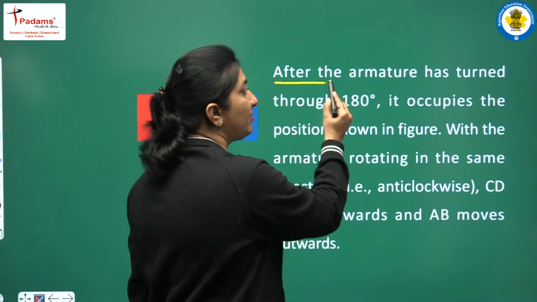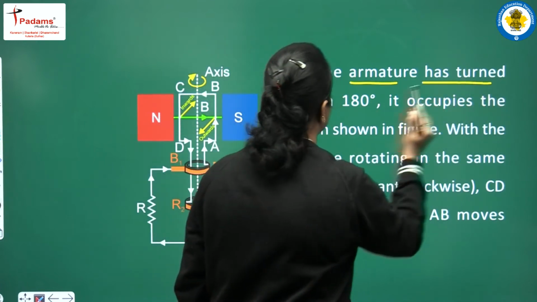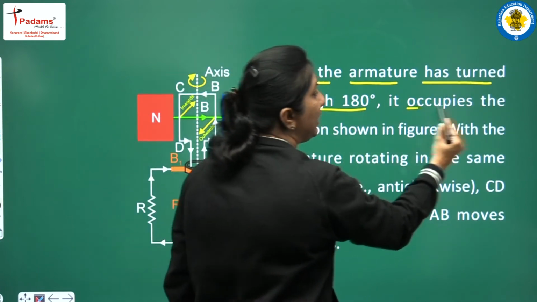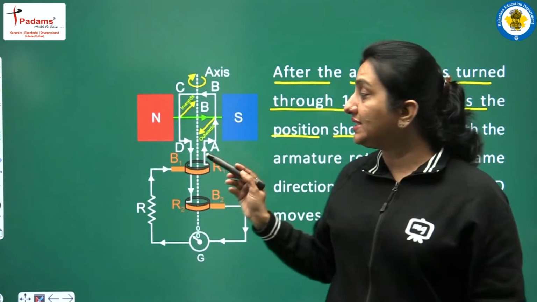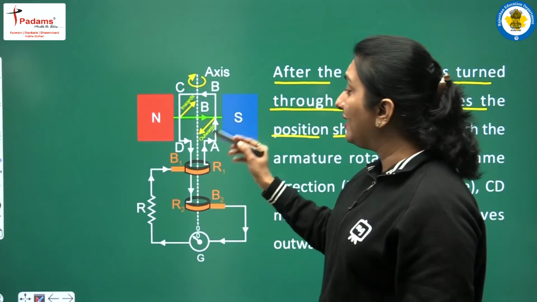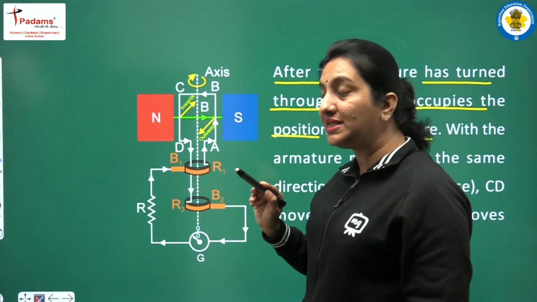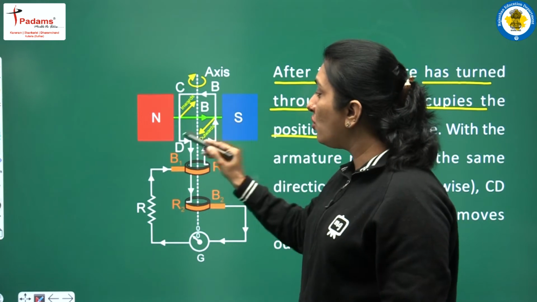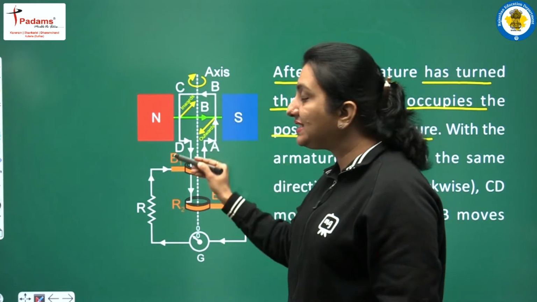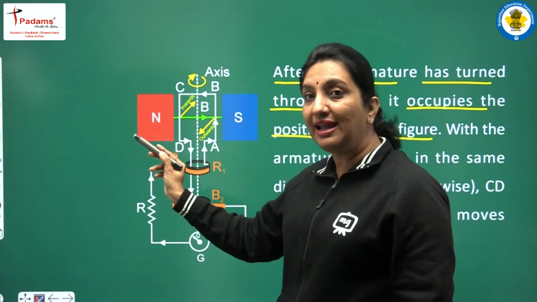So students, after the armature has turned through 180 degrees, it occupies the position shown in figure. Here you can see the students the position now, and the armature has rotated through 180 degrees. So what we see is that here the AB arm is now on the right hand side and the CD arm is now on the left hand side.